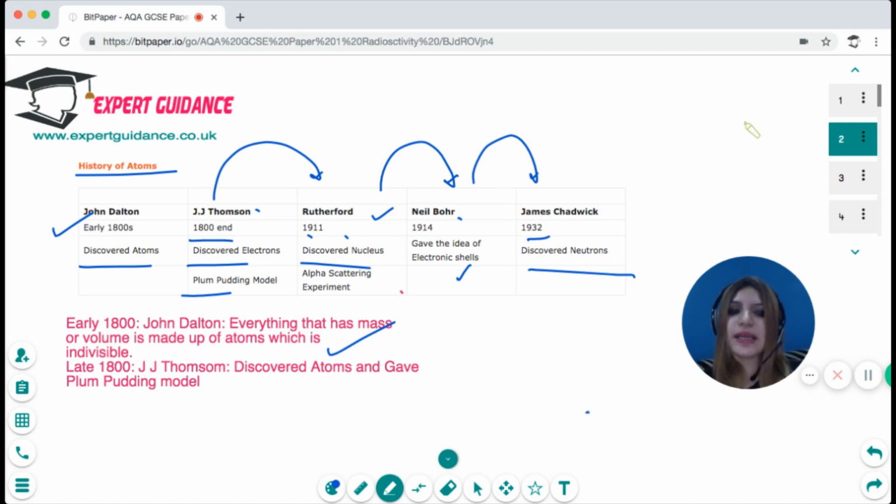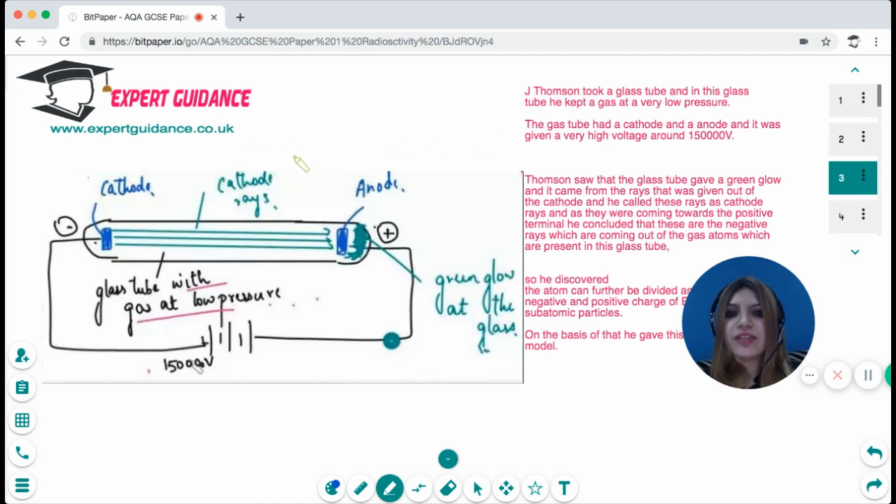So let us look at these discoveries one by one. The first discovery was by J.J. Thomson. What he did was he took a glass tube and kept a gas at a very low pressure, and in the glass tube he had a cathode and an anode and gave it a very high voltage, around 150,000 volts. At such a high voltage he saw some rays going towards the positive plate, and as soon as they struck the positive plate they caused a green glow at the glass.